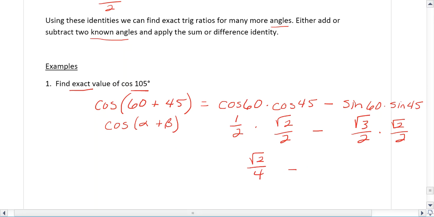Over here, recall that you can multiply numbers under the same radical. 2 times 3 is 6, so square root 6 over 4. These have common denominators, so simplified, it's square root 2 minus square root 6 over 4. This is the exact value of the cosine of 105. It's not rounded off, it's not an estimation, it's the exact value.